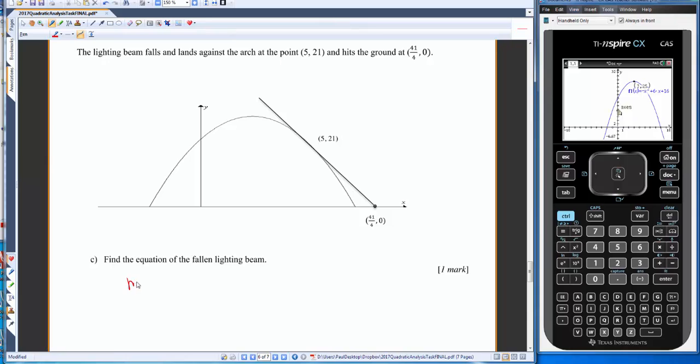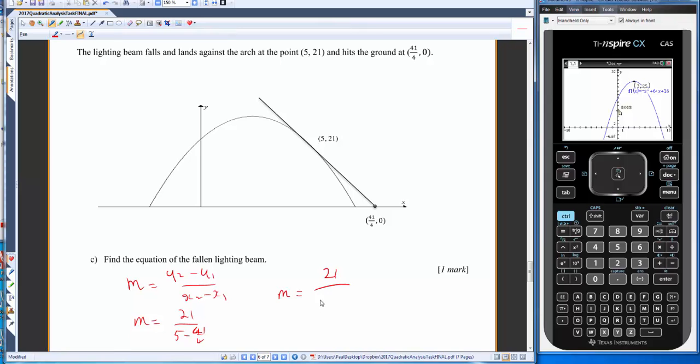Alright, so m equals y2 take y1 over x2 minus x1. I'll show you a neat way to do this as well in a sec. M equals, so we've got 21 take away 0, 21 over, we've got 5 take away 41 on 4. Excuse the handwriting. Now just need a common denominator for the denominator.